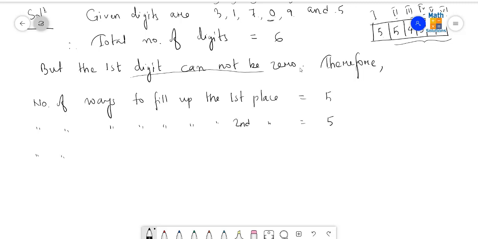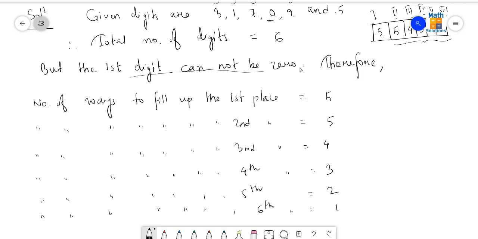Then the number of ways to fill up the third place is equal to 4. Then number of ways to fill up the fourth place is equal to 3. Same writing will be for the fifth place; the value will be 2. Then number of ways to fill up the sixth place will be equal to 1.